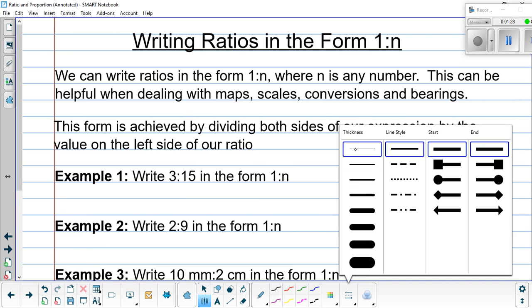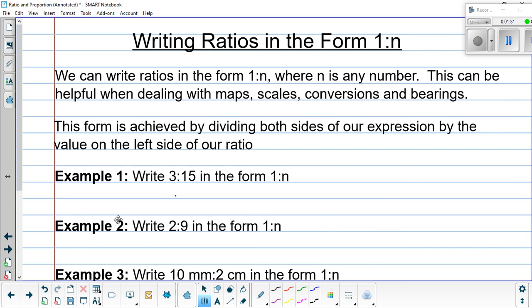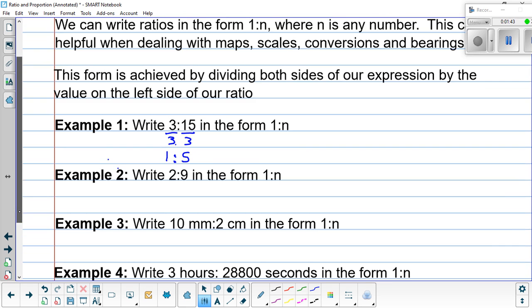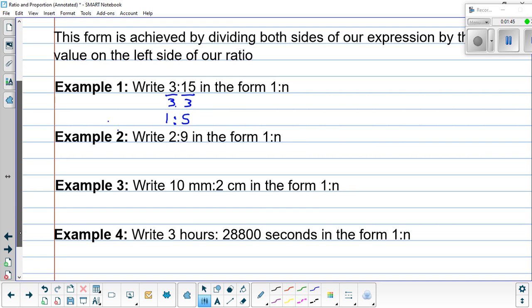Well, if we look at example 1, we are just going to divide both sides by 3, and we'll get 1 to, well, 15 over 3 is 5. So, like I said, they can be nice, but we are going to see where they're going to slowly become nasty. But we don't really have to do much with that.